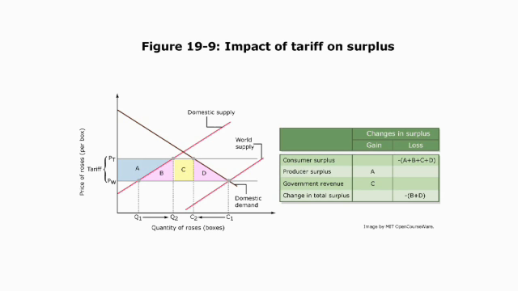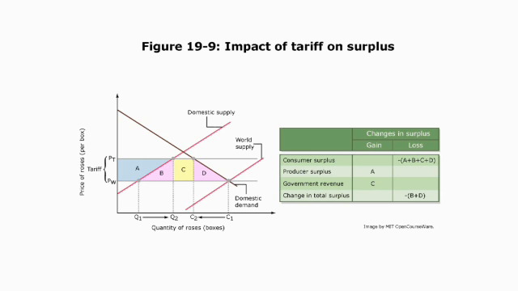They lost the entire trapezoid, A plus B plus C plus D, from higher prices. And now we have one other player, which is the government. The government made some money, right? This was a tax. How much did the government make? Well, we taxed all imports by the amount P sub T minus P sub W. So the government made the rectangle C, because we got to tax all the imports at that tariff.